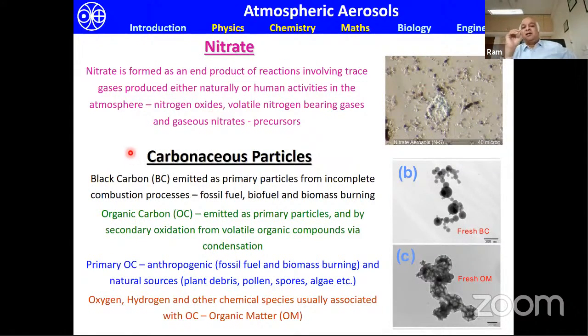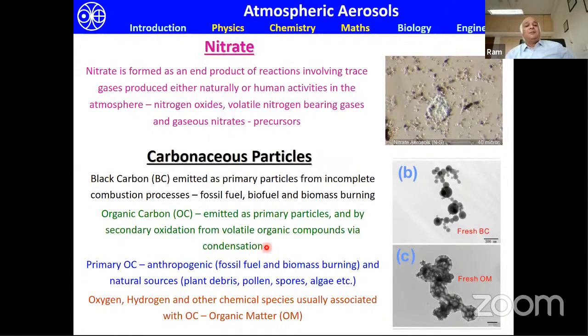Black carbon is emitted as primary particles from incomplete combustion processes, such as fossil fuel, biofuel, and biomass burning. Organic carbon is emitted as both primary particles and by secondary oxidation from volatile organic compounds, which may be of biological origin, via condensation.